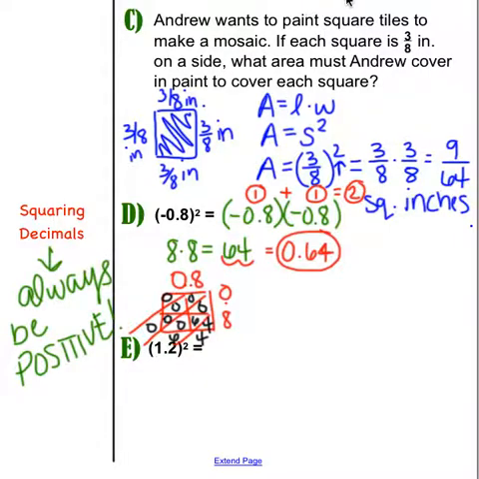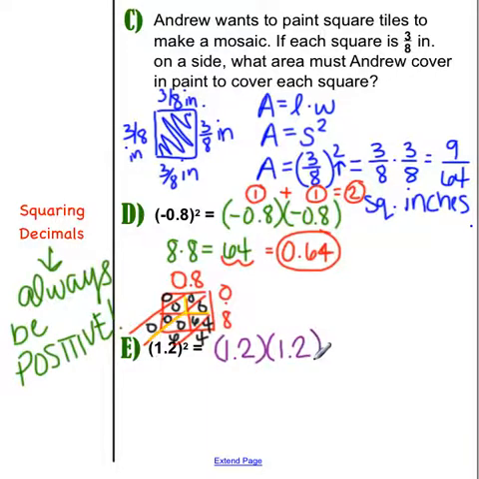And then if we draw our decimals over, and then draw it down, we get down to that 0.64.